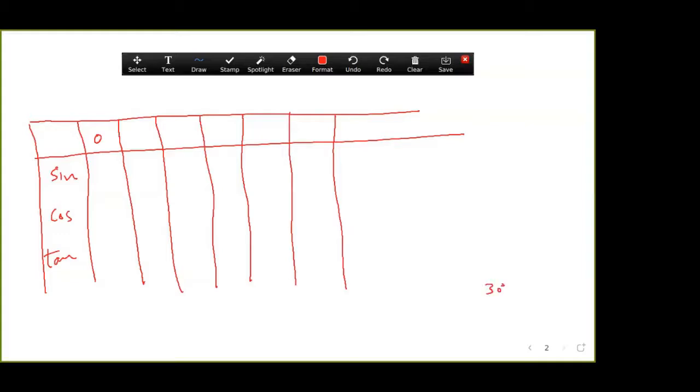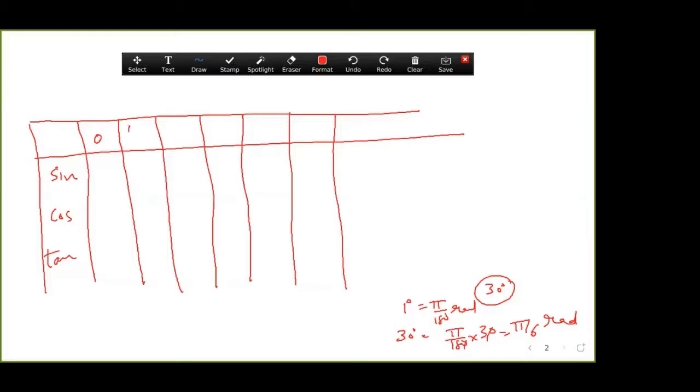30 degree in radians. As we know, 1 degree is equal to pi upon 180 radians. If we are converting 30 degree, it means pi upon 180 multiplied by 30, you are getting pi by 6. It means 30 degree can be written as pi by 6 when we are writing in radian.